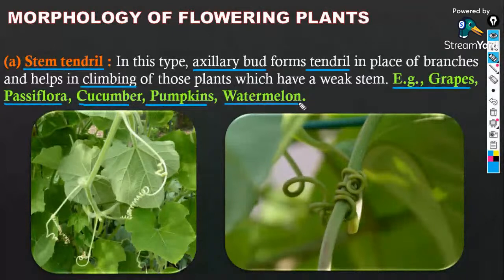It is an axillary bud modified to form tendrils in weak stemmed plants. Example is grapes, passiflora, cucumber, pumpkin, watermelon, bitter gourd, etc.